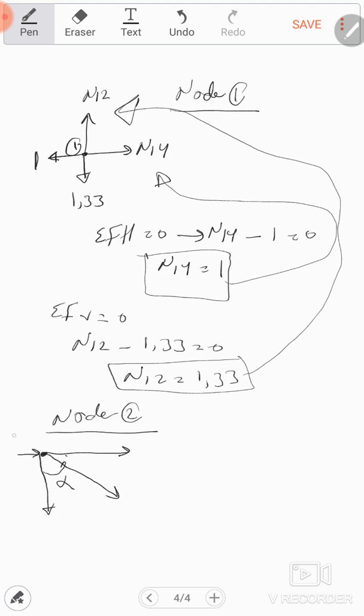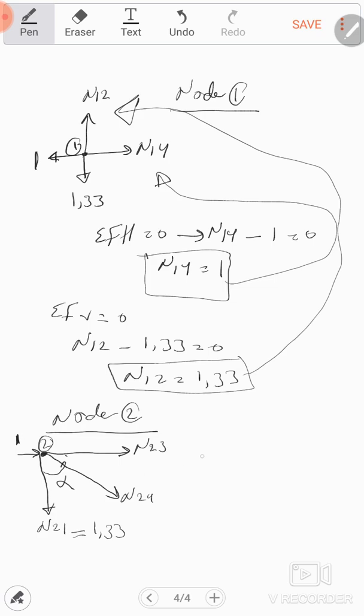The force is 1 from what I assumed, and this is N23, N24. This is the node number 2. For this one, N21 is the same as 12 or 21. The value is equal to 1.33. That's what I already found.